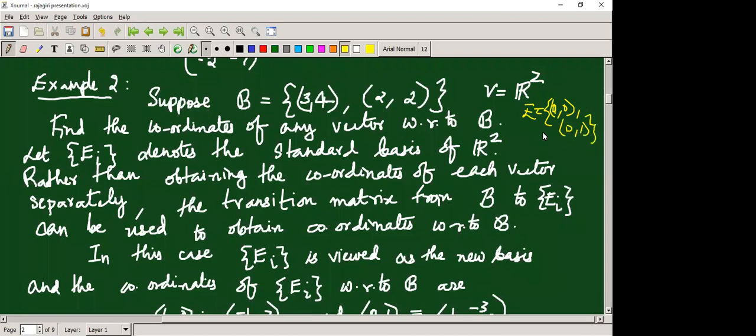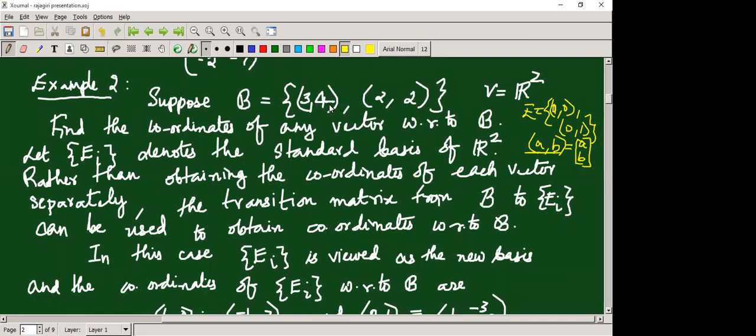Then we are not bothered about the representation of a vector (a, b) in R2, because this is already the representation using the standard basis, since (a, b) is a into (1, 0) plus b into (0, 1). So the coordinate matrix of (a, b) with respect to the standard basis is (a, b).